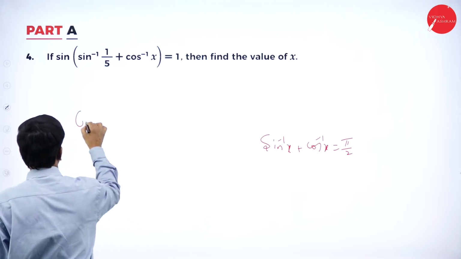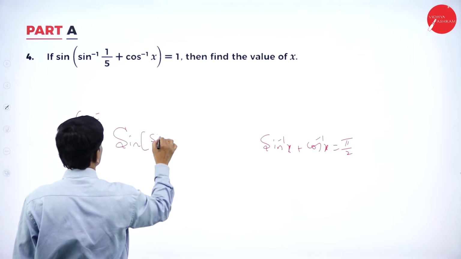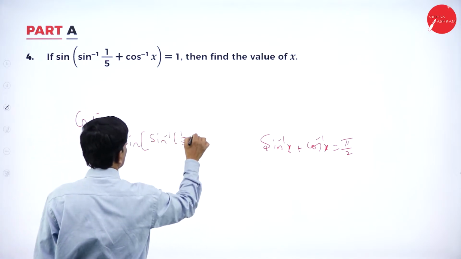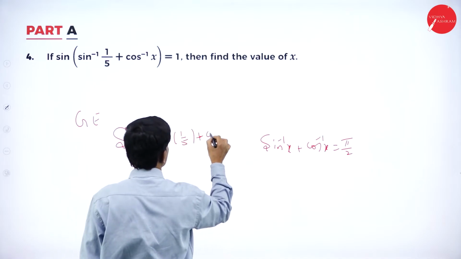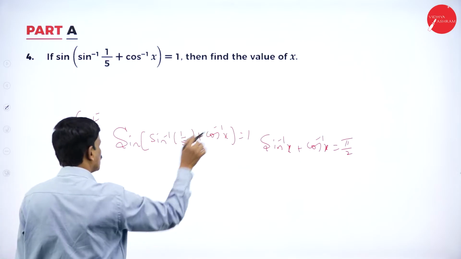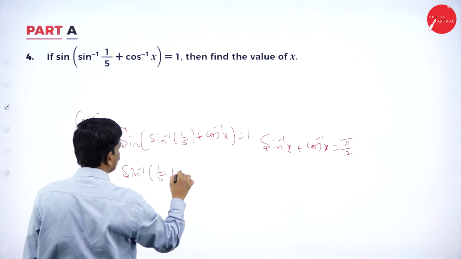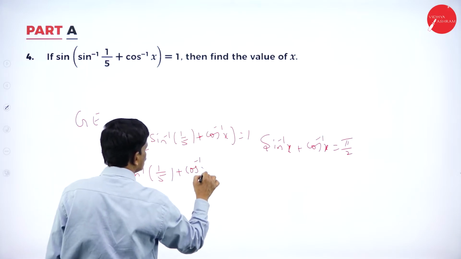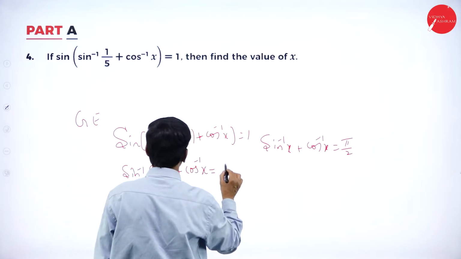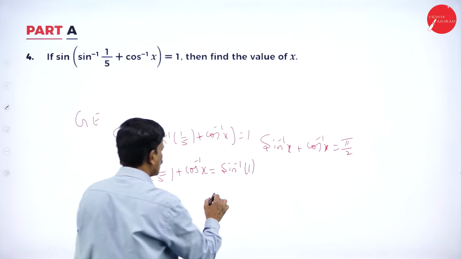Now, what is the given equation? The given equation is sin of sin inverse 1 by 5 plus cos inverse of x is equal to 1. Just transfer sin to the right hand side, then this can be written as sin inverse 1 by 5 plus cos inverse of x is equal to sin inverse of 1. What is sin inverse of 1?